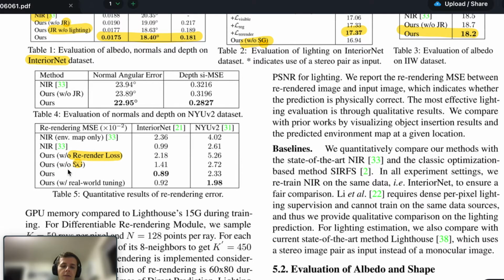Also they have the complete method and another one where they train with real-world images. Curiously, it doesn't perform better, but anyway, it's the closest one to the one that gets the best result. And also for the NYU V2 results, they get the closest of all the methods.